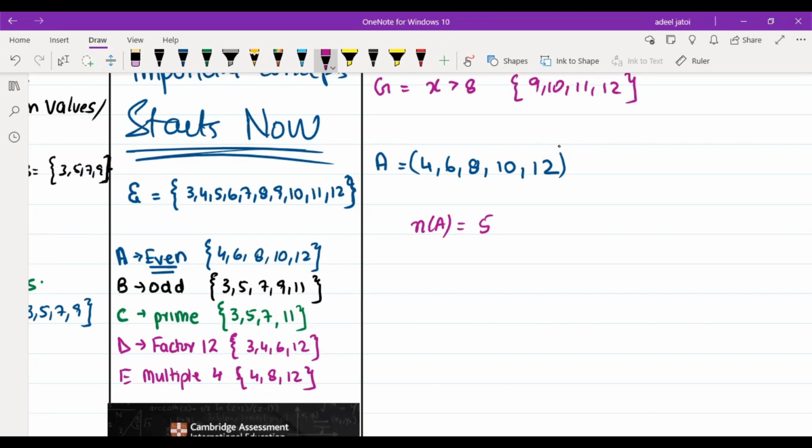If the question would have said PA, which means the question wants the probability of set A. So how many numbers? 1, 2, 3, 4, 5. 5 numbers. Out of how many numbers from the universal set? 1, 2, 3, 4, 5, 6, 7, 8, 9, 10. Out of 10 numbers from the universal set. So we will be writing now 5 upon 10, which is what? 1 upon 2. So probability will always be your event upon the total number.